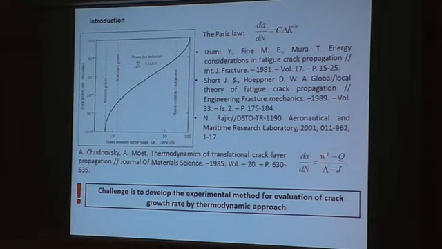Here you can see the plastic work, you can see heat dissipation, some parameter which describes the energy needed to create fracture, and the G integral which stays in this part of the equation. This equation can describe the fatigue crack rate, and we can measure at least this part of the equation.